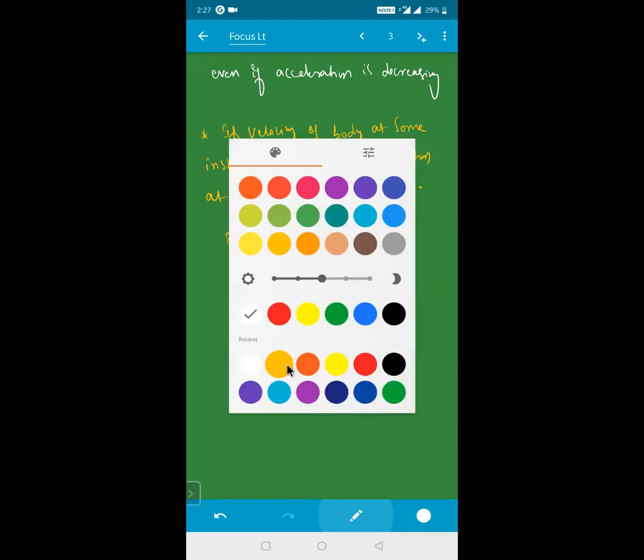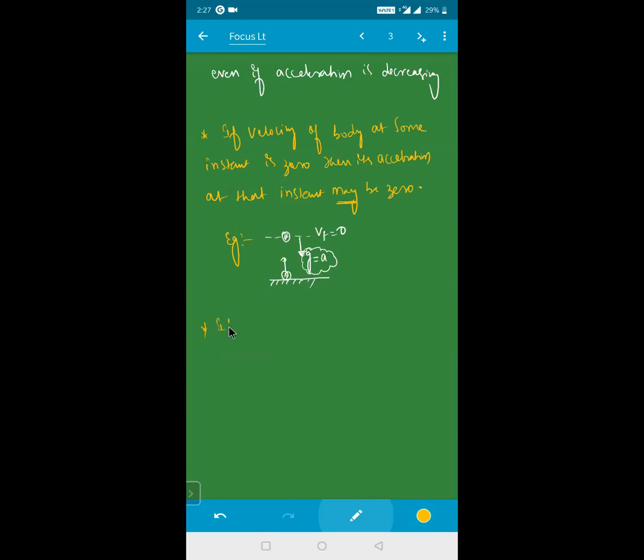Now see this point. Think and tell me: if the velocity of a body remains zero for a given interval, then what will its acceleration be? For a given interval, if the velocity of the body is zero, then its acceleration is zero for that interval.